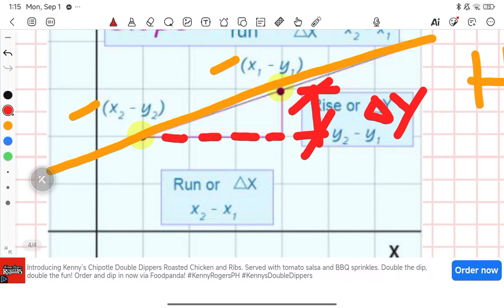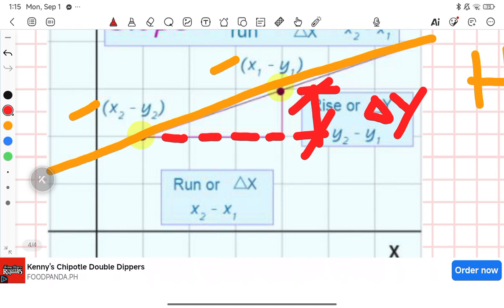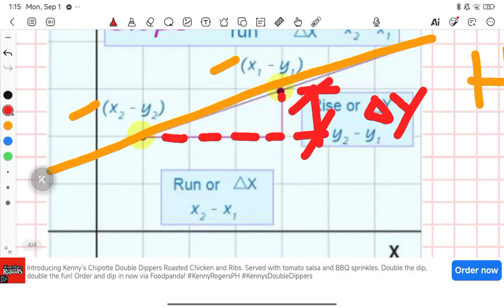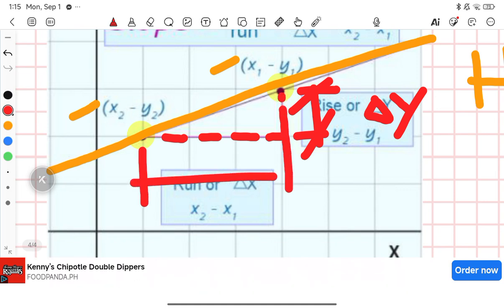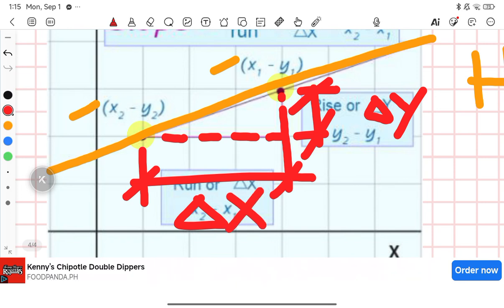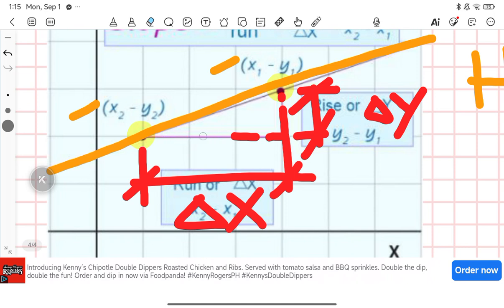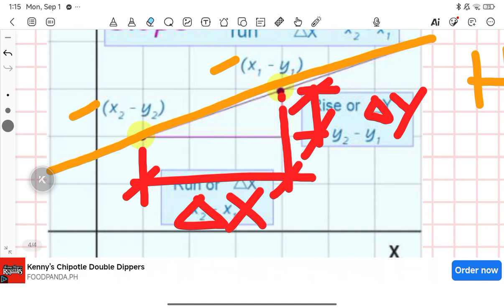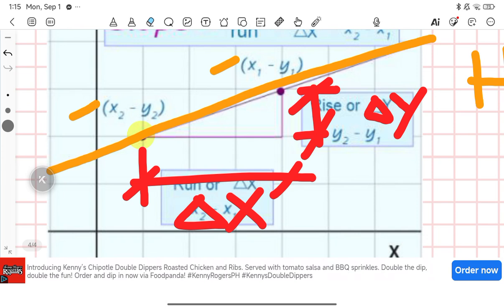Ano naman ang run? Ang run naman dyan, kung ipoproject mo ito hanggang dito, tapos ito, i-project mo hanggang dyan. Yan. Diba? Yan lang din naman yung distance or simply delta x. O, edi nakita nyo na parang nag-form lang tayo ng isang triangle na may distances saka may height.